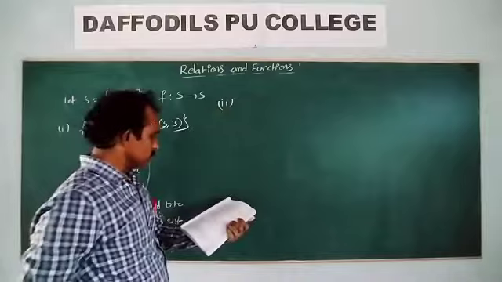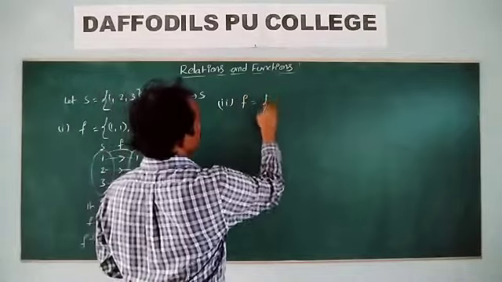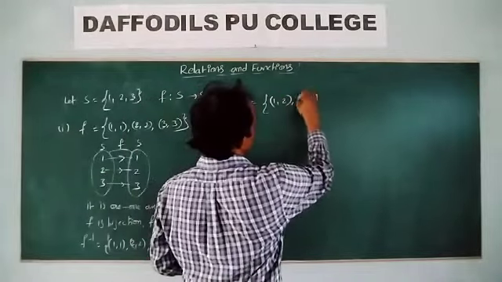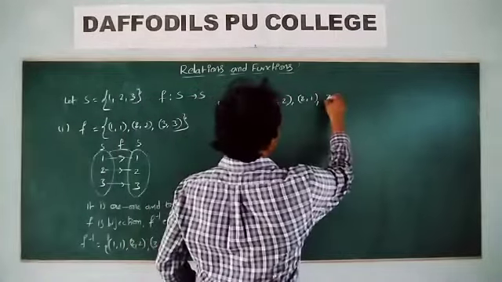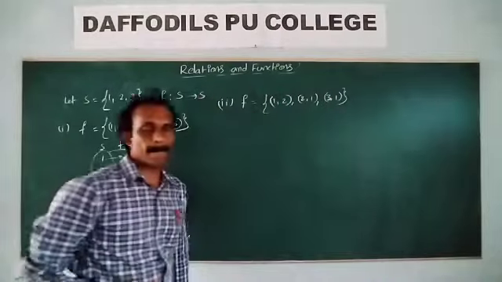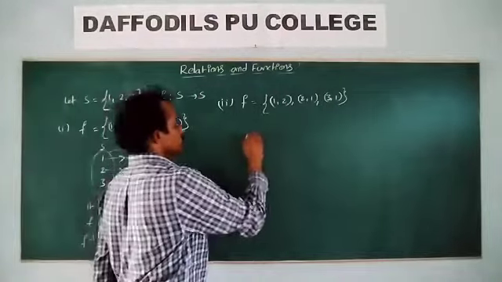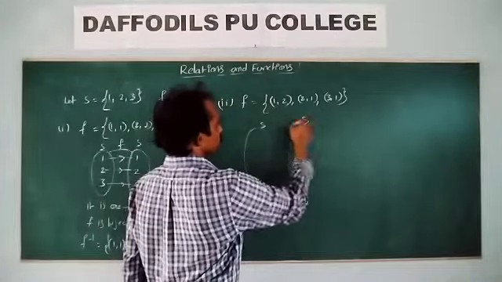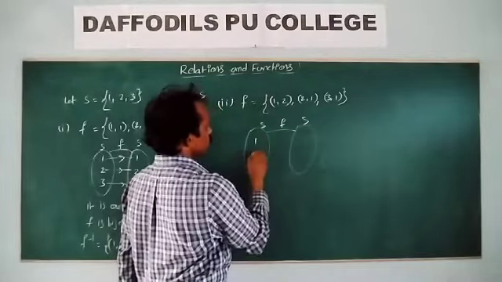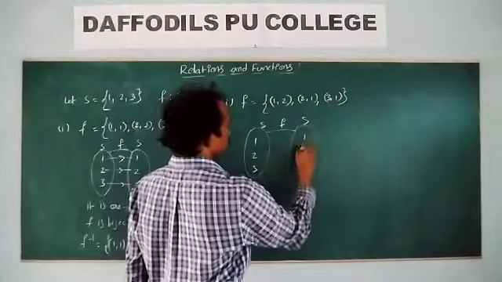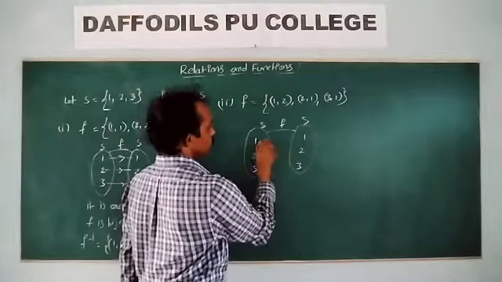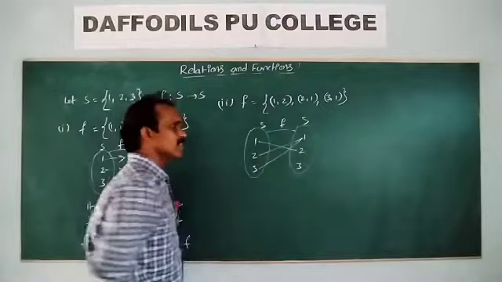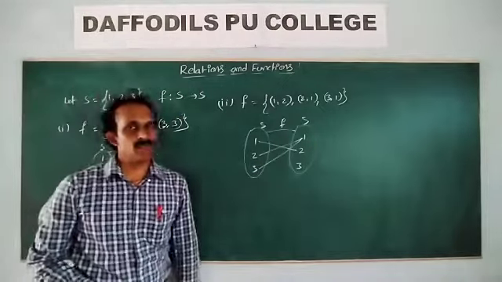We take the second one. F is equal to {(1,2), (2,1), (3,1)}. Right? Set S under F: 1 goes to 2, 2 goes to 1, 3 goes to 1. So first of all, it is a function.